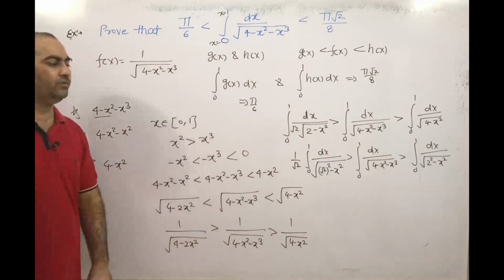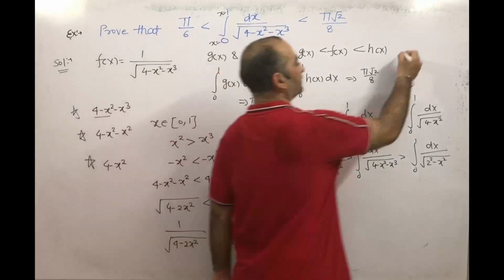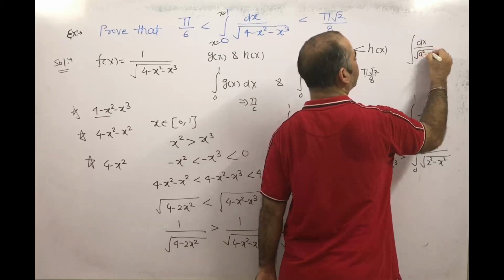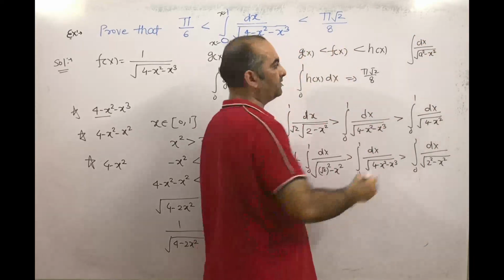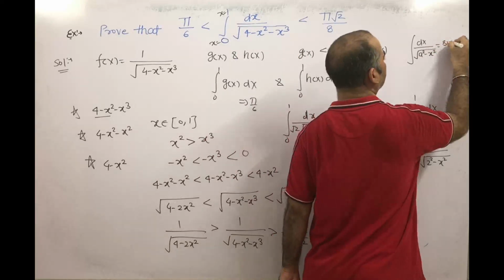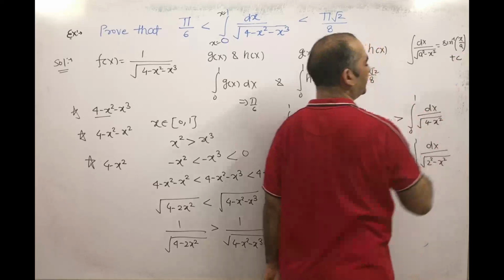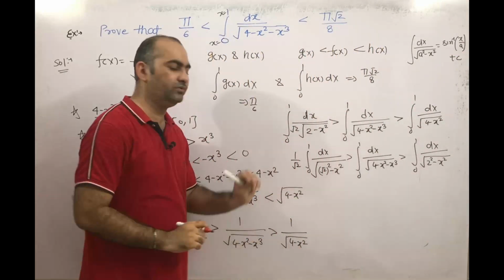Okay, now we know integration of dx divided by root over a square minus x square is sine inverse x by a plus c. Okay, and we are doing definite integration, so we can do by this one.